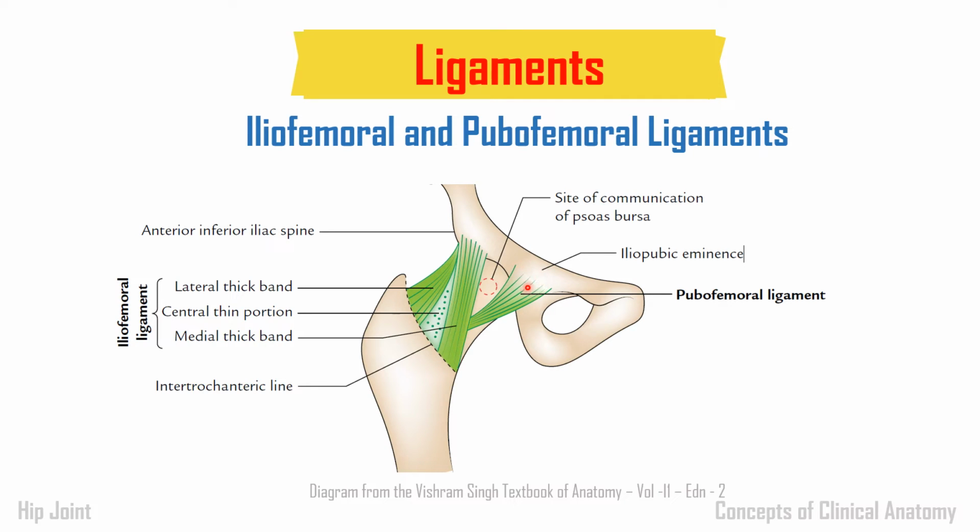So here the base is attaching to the iliopubic eminence and the iliopubic ramus also. Then from there the apex extends to the antero-inferior region of the joint capsule of the femur, which supports this antero-inferior region, and its apex is blended with the medial thick band of the iliofemoral ligament.